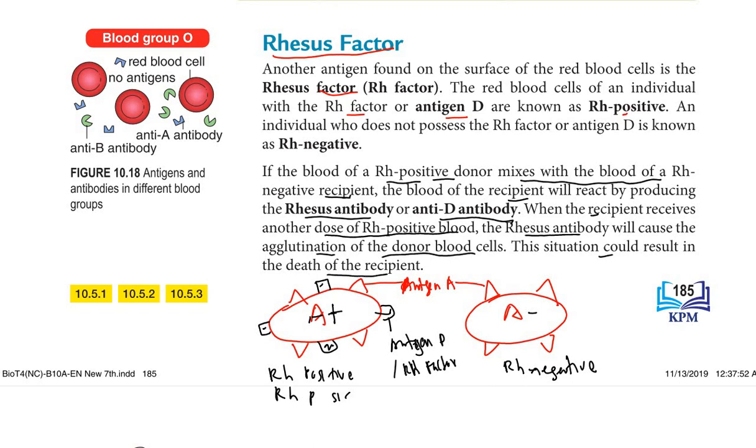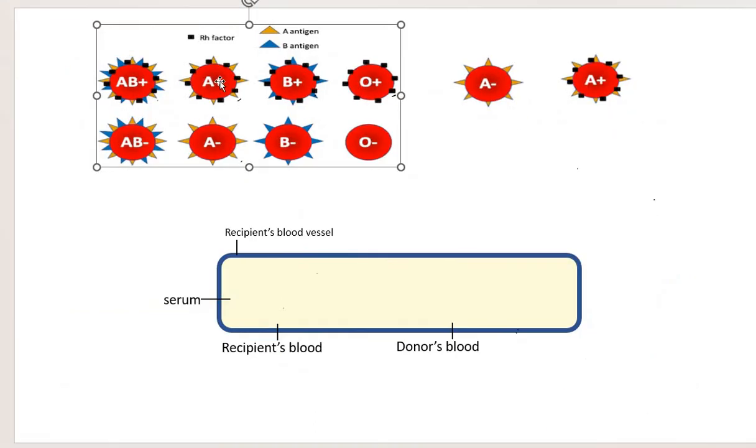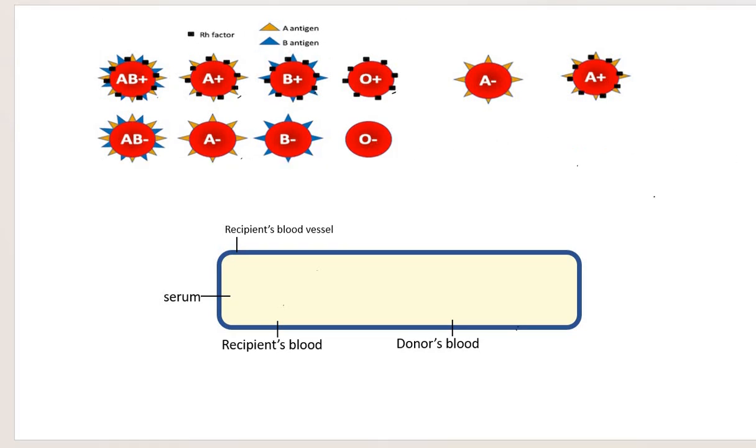So I will explain this by using a diagram, because by sentence you will not see it clearly. So I prepared this one for you. Here we have the Rh factor, which is also known as antigen D. Antigen A and antigen B are the same. So for this one we have AB plus, A plus, B plus, O plus, because at the surface of the red blood cell they have this Rh factor.